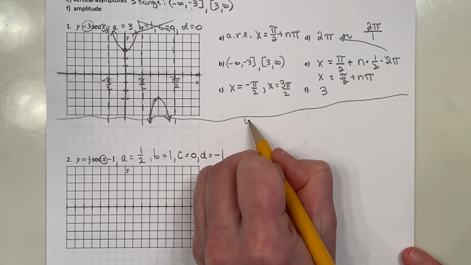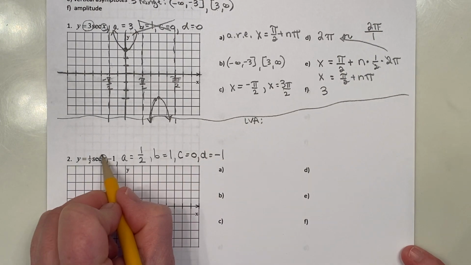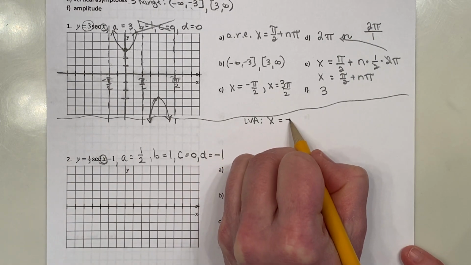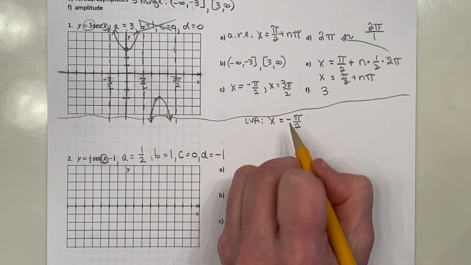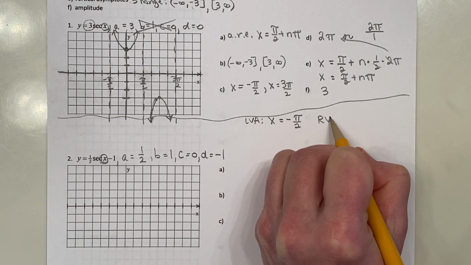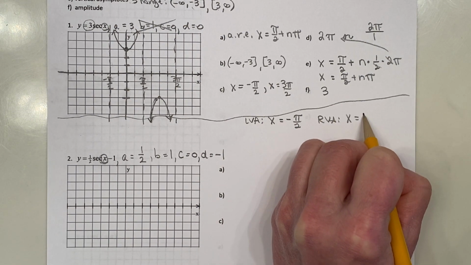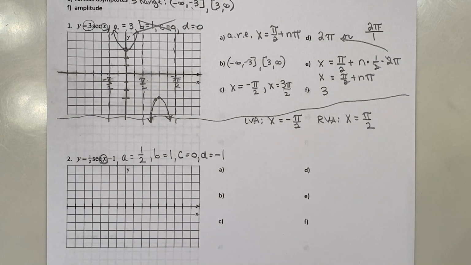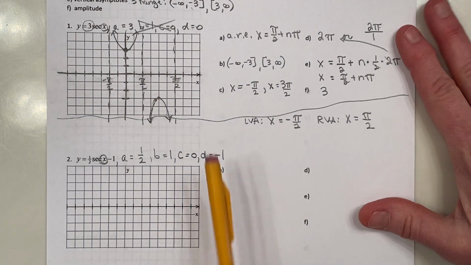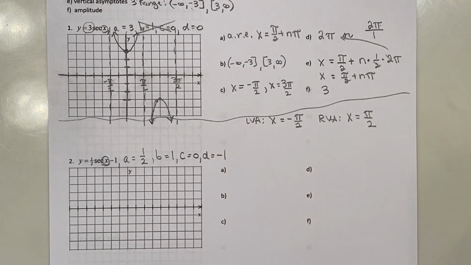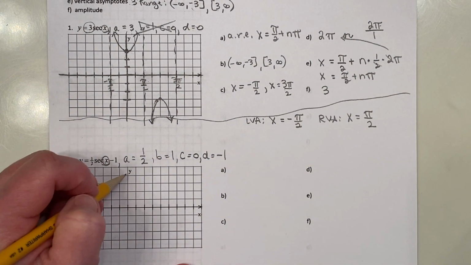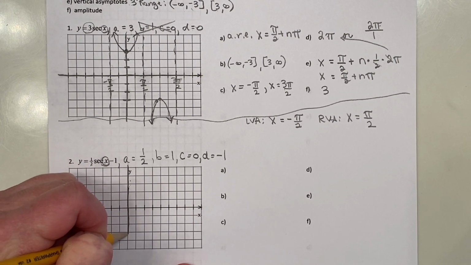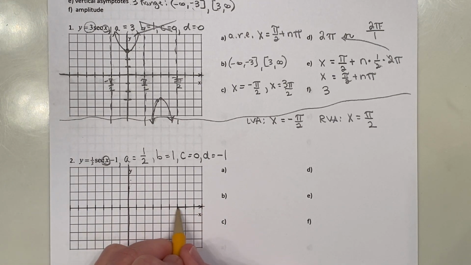All right, left vertical asymptote is x equals negative pi over 2, just like tangent, and right vertical asymptote, x equals pi over 2. This will get us one part of the graph, and then we can just finish it based on the patterns that we've seen. Do you have to write LVA and RVA? No. So it doesn't look like I'm shifting this graph left or right.